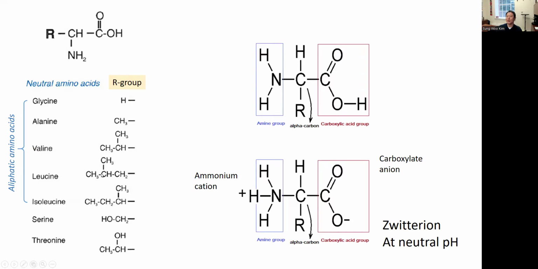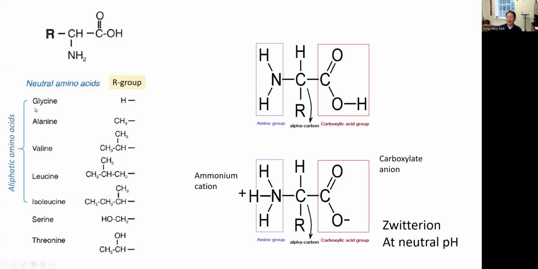When there's another one coming in the middle of this carbon chain, we call that leucine. And when the branch point here is changed, we call that an isomer of leucine, called in short isoleucine.